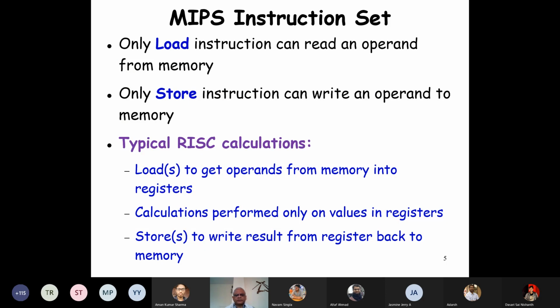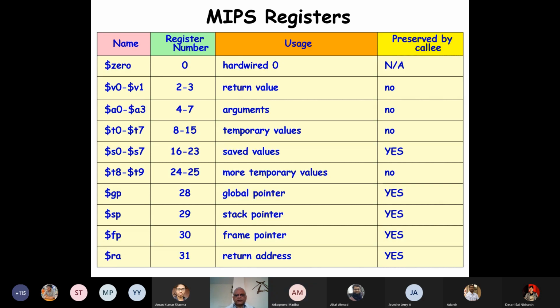Sir, what is the meaning of preserved by Callee? See, the routine we call is called the Callee. If we have a subroutine, the subroutine will take care to preserve this.